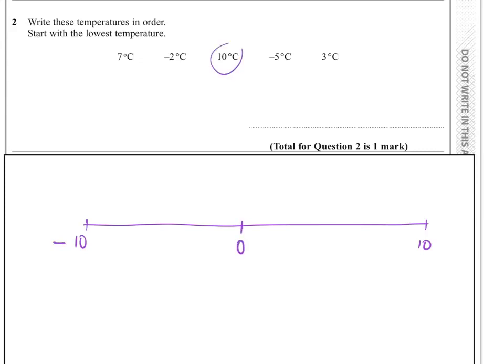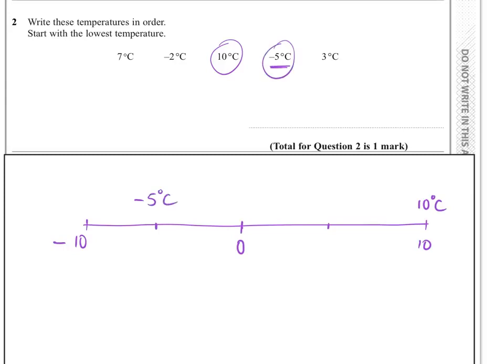So we can put 10 on the number line, there it is, 10 degrees centigrade. And then if we think about it, halfway between 0 and 10 would be 5 degrees centigrade, and that's not shown on here, but here there's -5, so -5 will be halfway between 0 and -10. So our -5 degrees centigrade is going to be there.